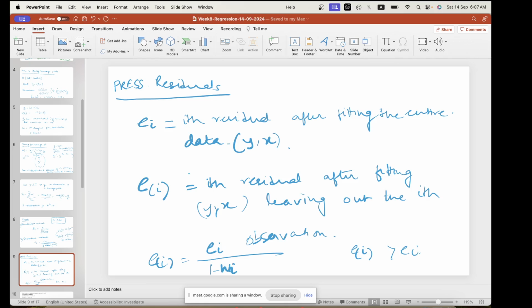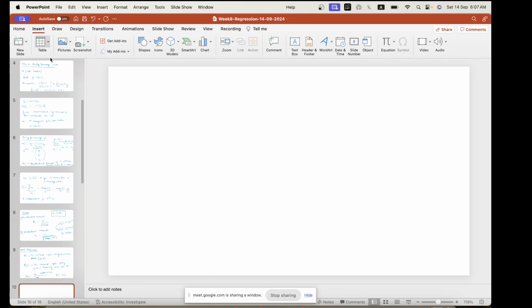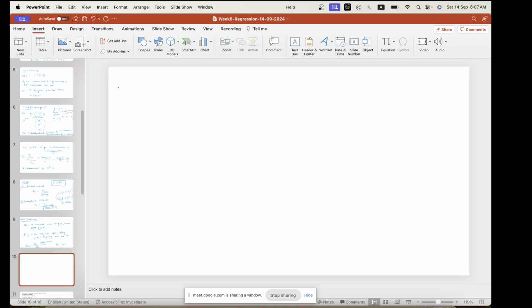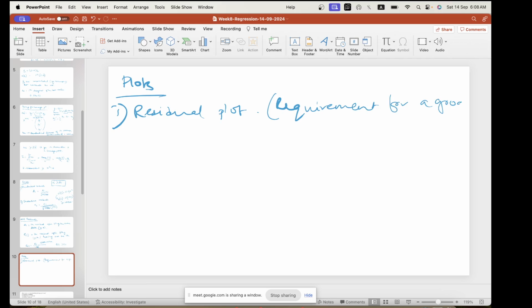We also learned quite some about different kinds of plots. Okay, the first one was the residual plot. And the requirement for a good fit is that there shouldn't be any pattern.